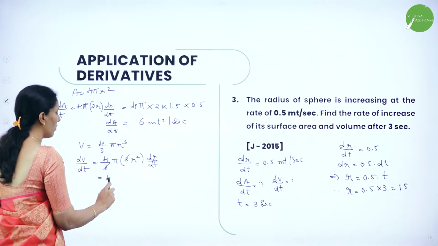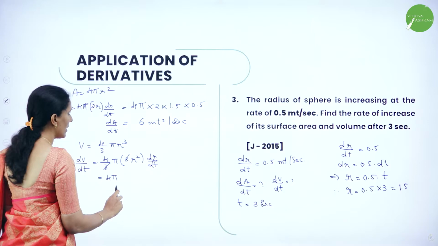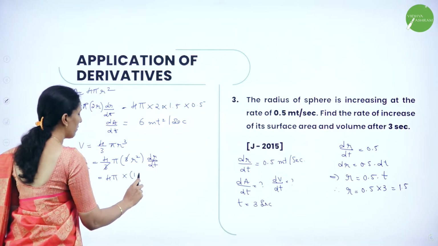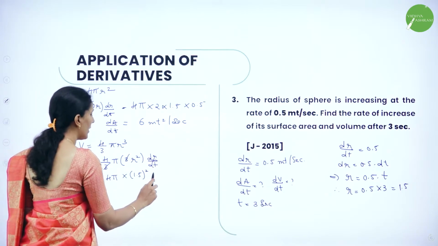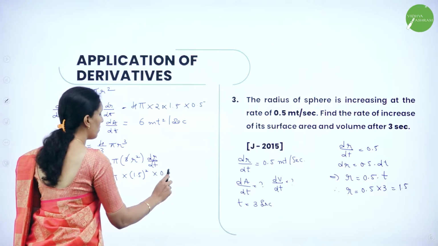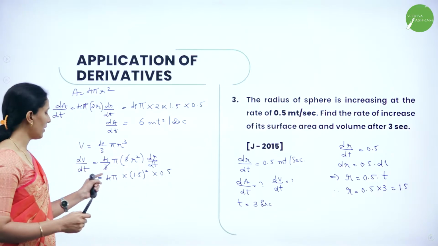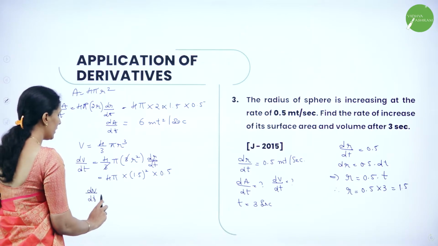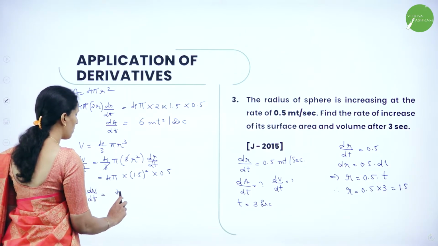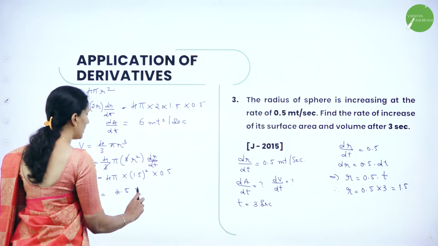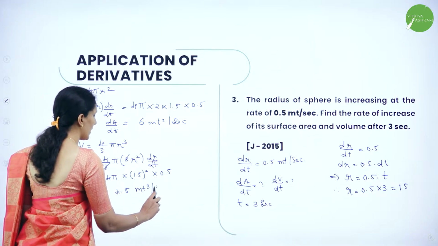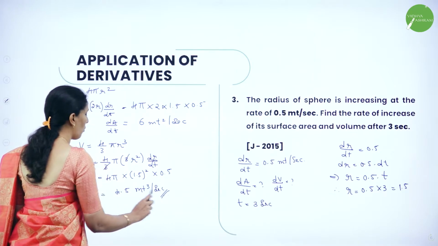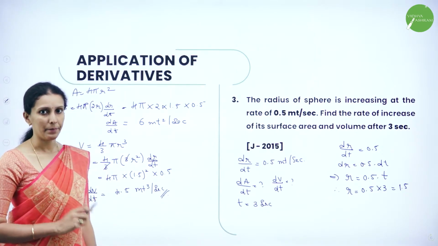So we have 4 pi r square, which is 1.5 whole square, and dr by dt is nothing but 0.5. After multiplying this completely, we will get dV by dt is equal to 4.5 meter cube per second. So this is the change of volume with respect to time.